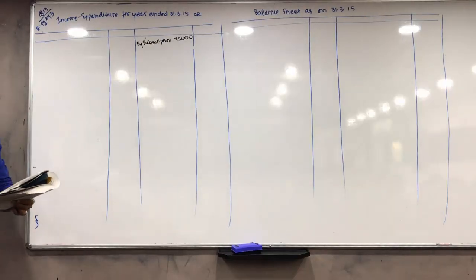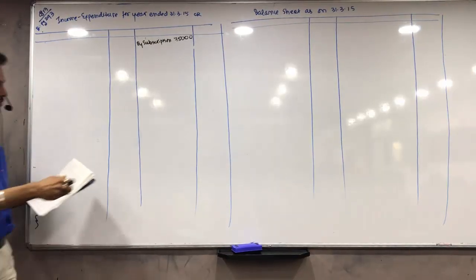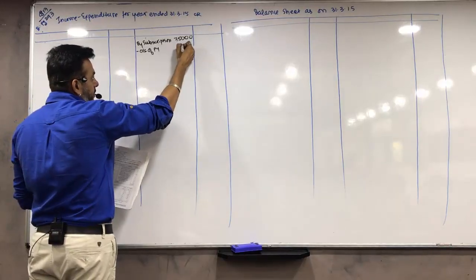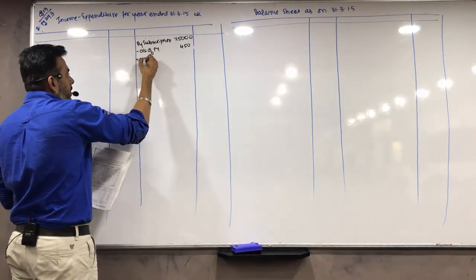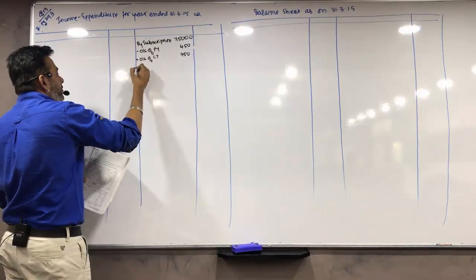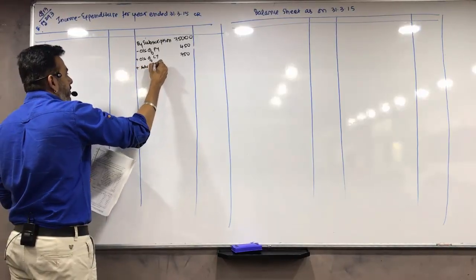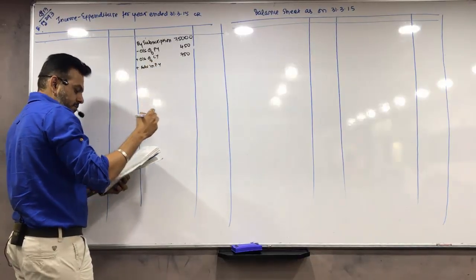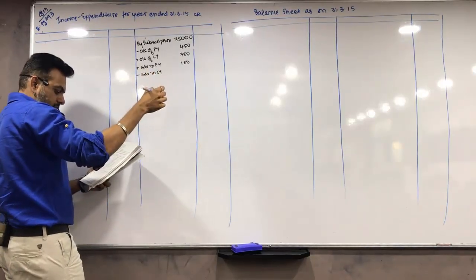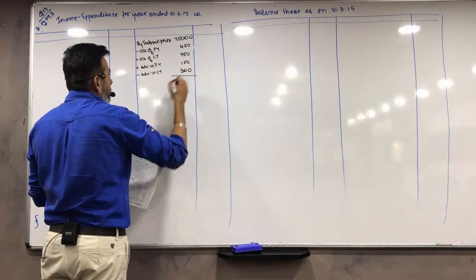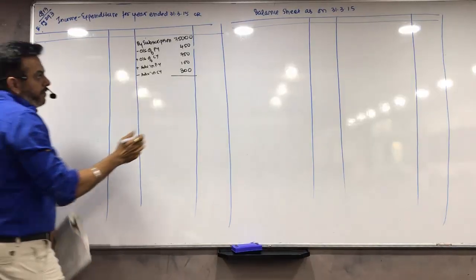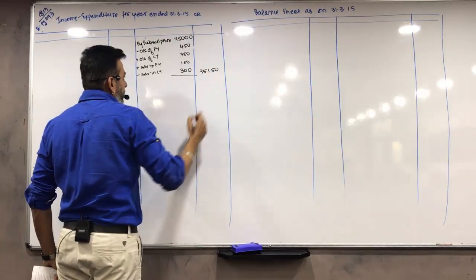Now, subscription adjustment, let's do it together. Outstanding of previous year, minus 450, plus outstanding of current year 750, plus advance received in previous year 150, and minus advance in current year for the next year 300. That gives 75,150.